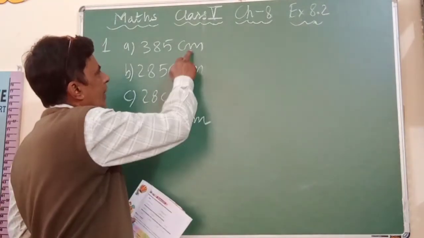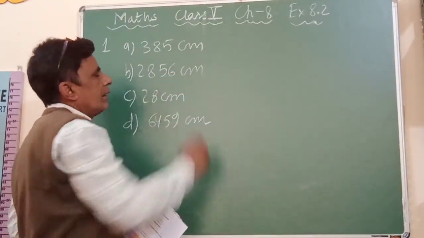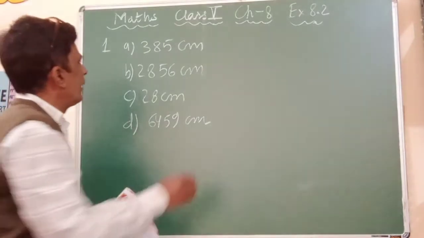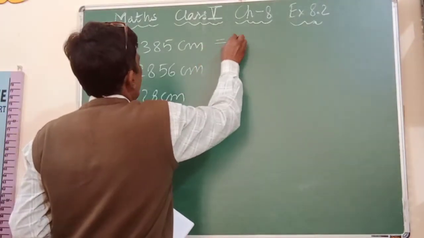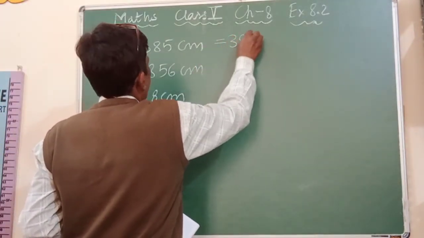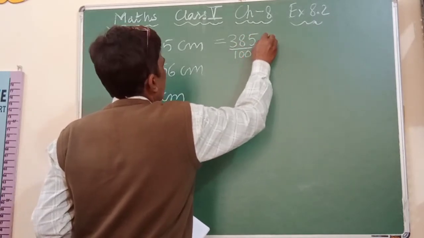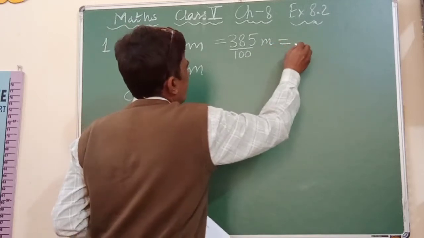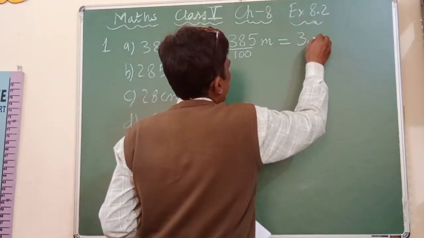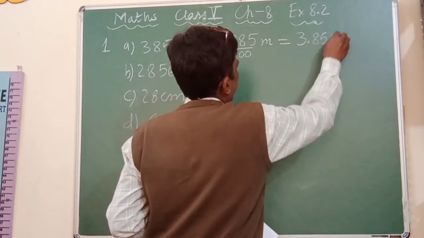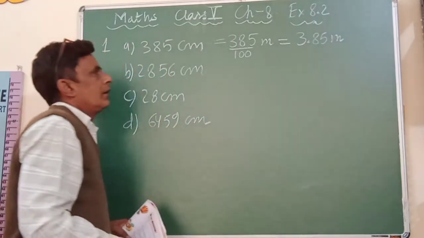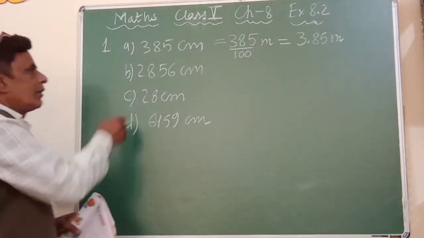So in order to convert centimeter into meter, we have to divide by 100. 385 upon 100 meter is equal to 3.85 meter. In the same way, we can solve the other questions.